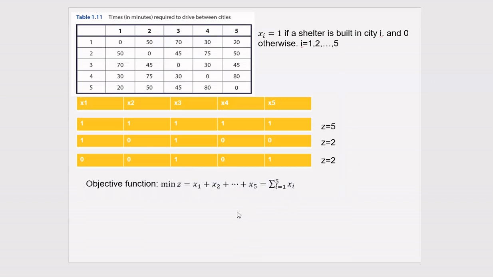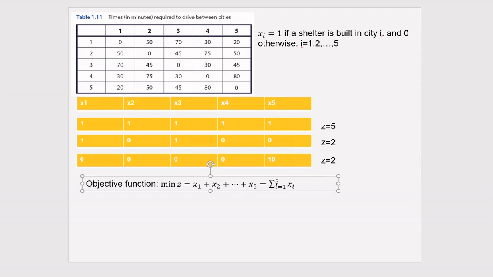And now, trying to add the constraints. What will be the constraints? If I ask the computer to solve this, what would be the first answer? It would be 0, 0, 0, 0, 0, because that makes z minimal.